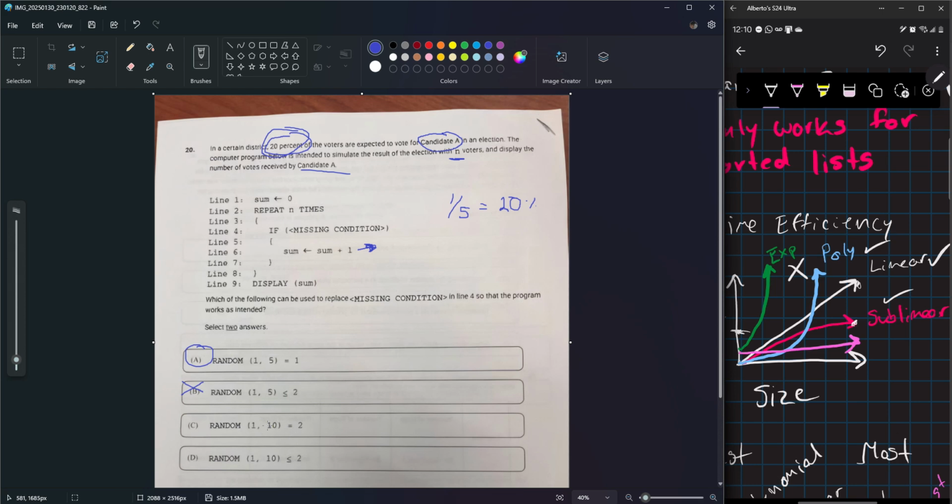This is 1 out of 10. But then less than or equal to 2, then you would have 1 and 2. This whole thing is 2. And then if you divide this out of 10, you have 1 over 5, which is what you want. It's this one.